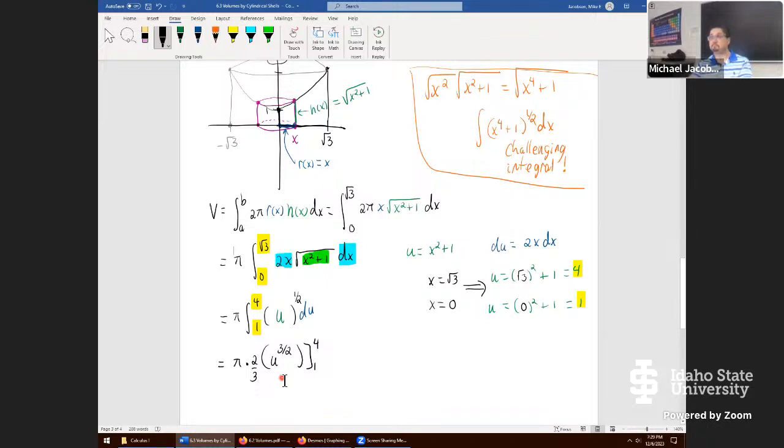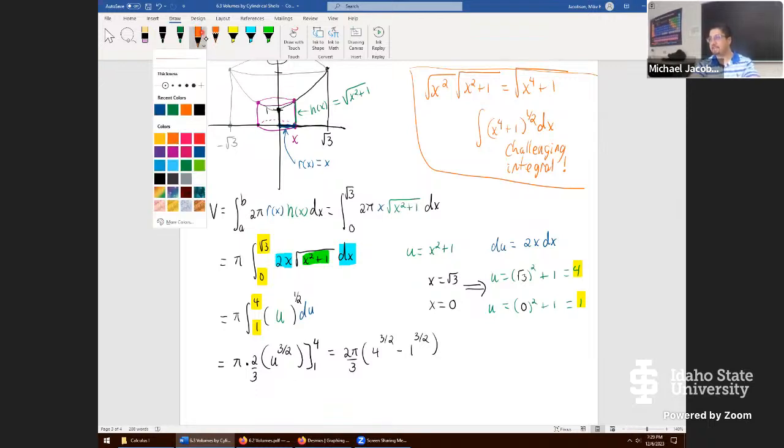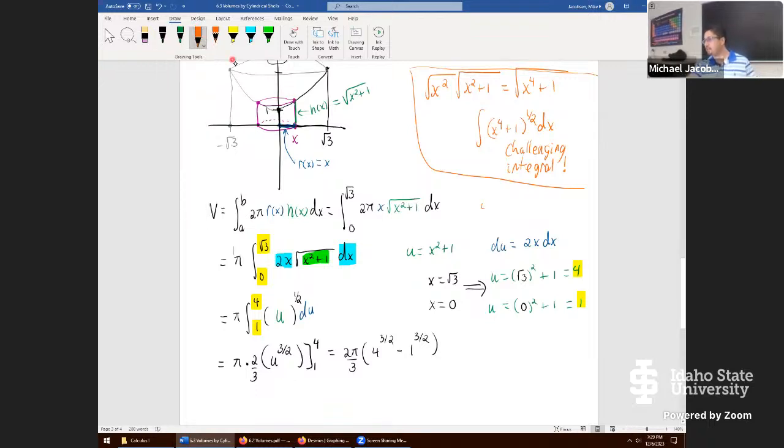Okay, let's do the evaluation next. We have 2 pi over 3 for all the constants in front. Right here, plug in 4, so now it's 4 to the power of 3 halves, minus 1 to the power of 3 halves. Let's do the 4 power as scratch work in the margin. 4 to the power of 3 halves becomes the square root of 4, to the power 3.